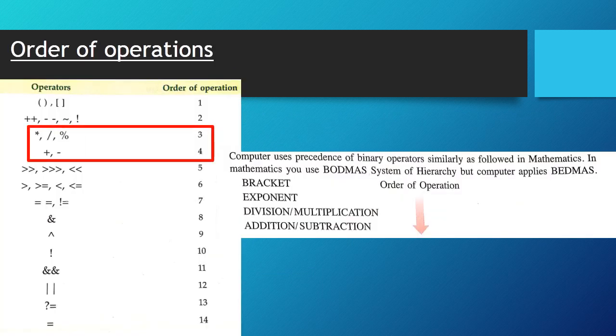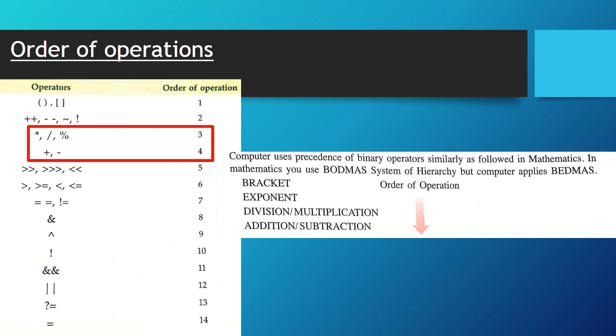Computers use precedence of binary operators similarly as followed in mathematics. In mathematics, we use BODMAS, a system of hierarchy, but the computer applies BEDMAS. B stands for bracket, E for exponent, D for division, M for multiplication, A for addition, and S for subtraction.